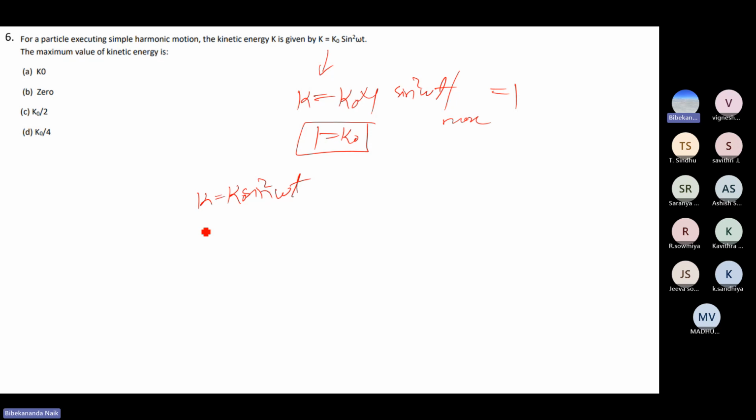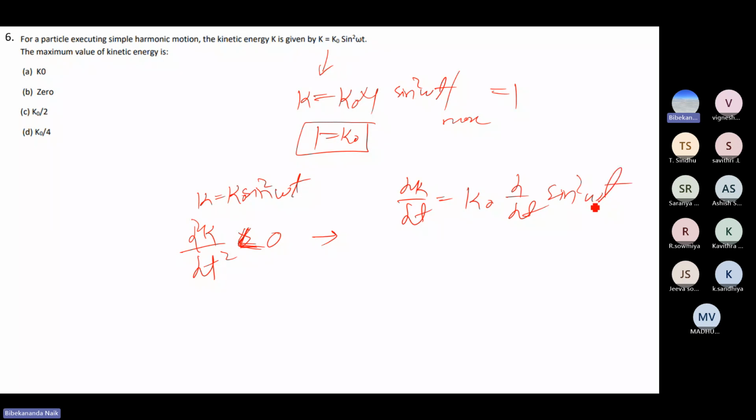For the maximum value, d square K by dt square will be less than 0, is it not? So if you calculate dK by dt, it will be K0 d by dt of sine square omega t. This is K0 times 2 sine omega t into cos omega t into omega.